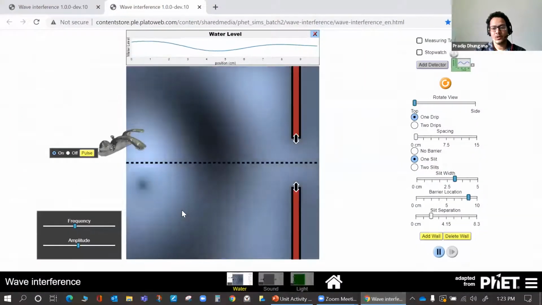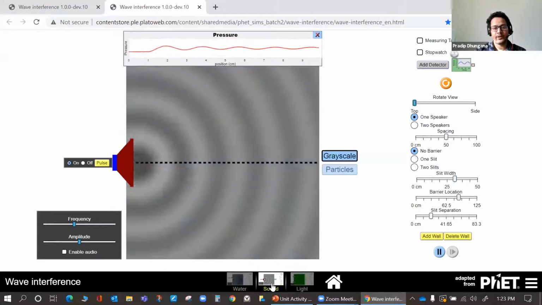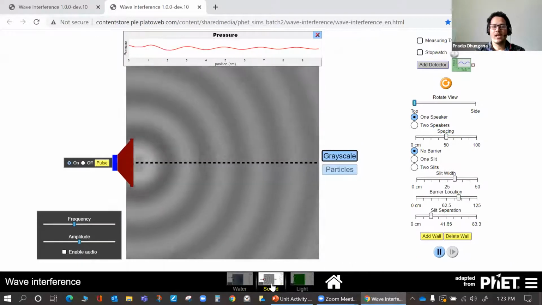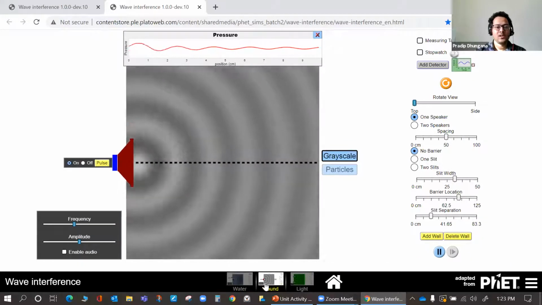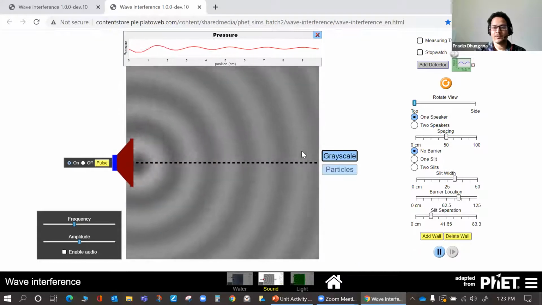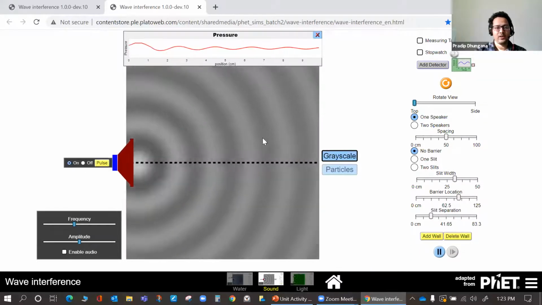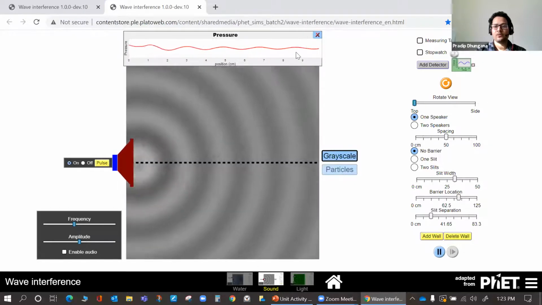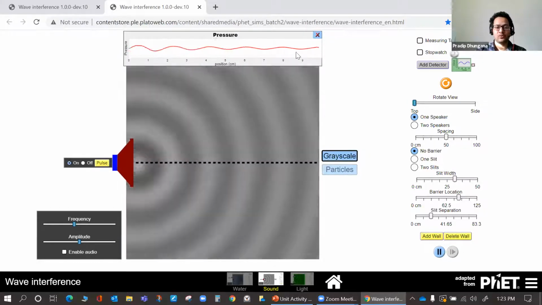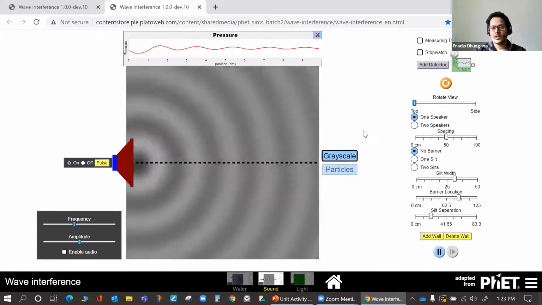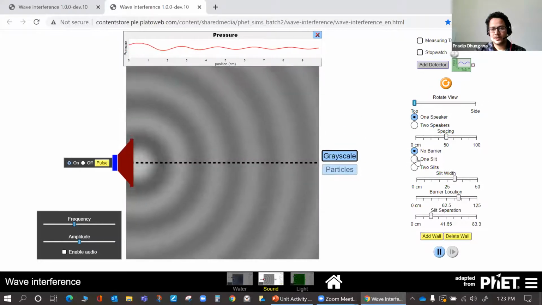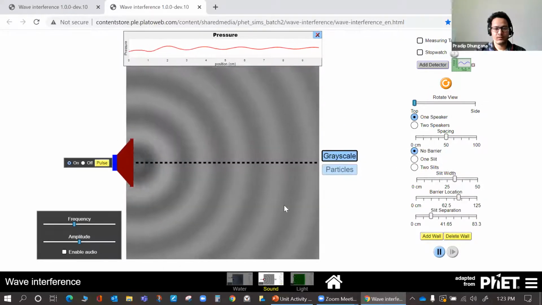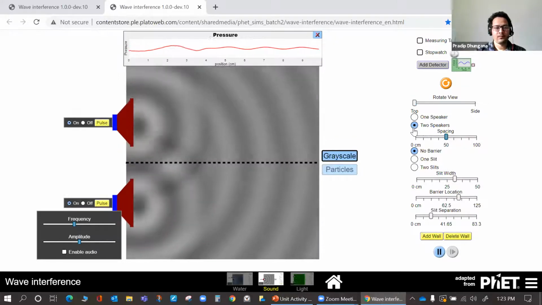Let's go back again. Now let's put on the sound tab. Okay. So again we see concentric circular waves. And we can see the frequency of the wave decreases when it moves farther away from the source. Another thing, let's put two speakers.